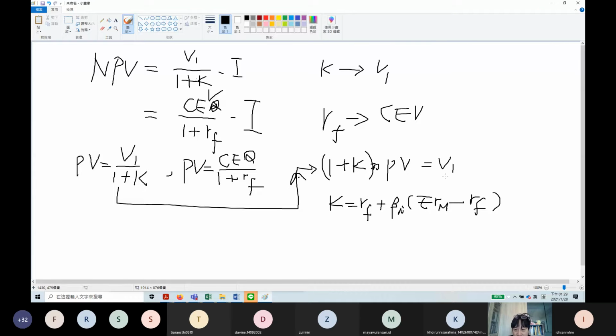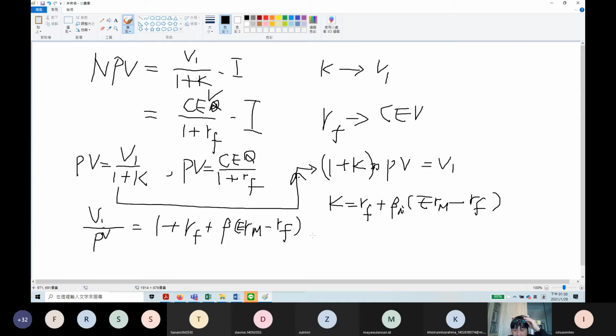So we know PV1 over PV equals 1 plus RF plus the beta times RM minus RF, right?